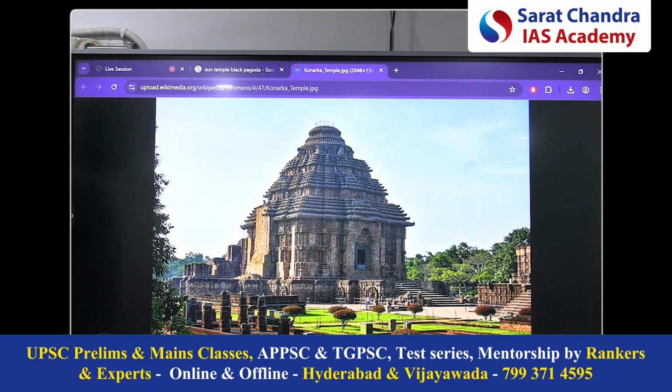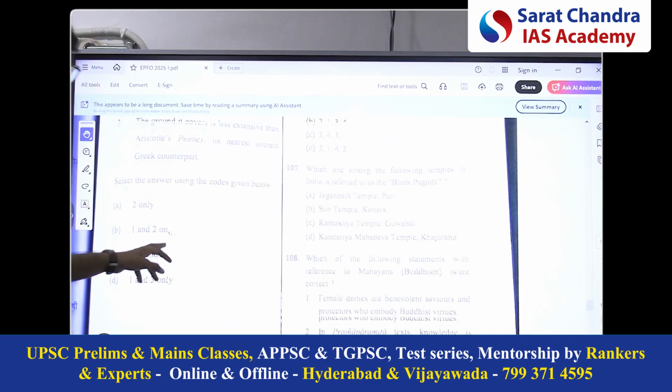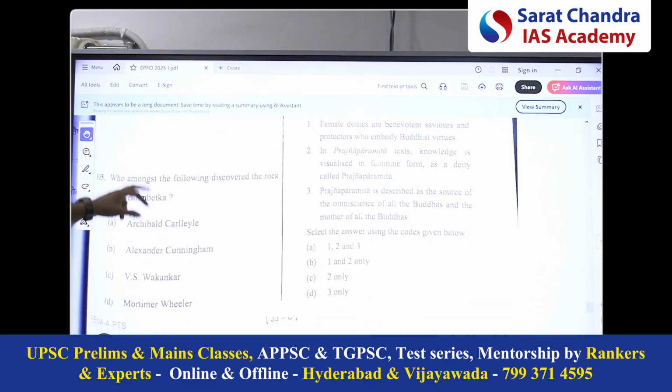This is how the Sun Temple looks. This is also called the Black Pagoda. Okay. See, the questions are also on Buddhism, Mahayana Buddhism.